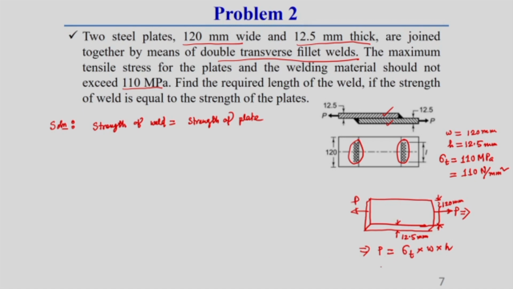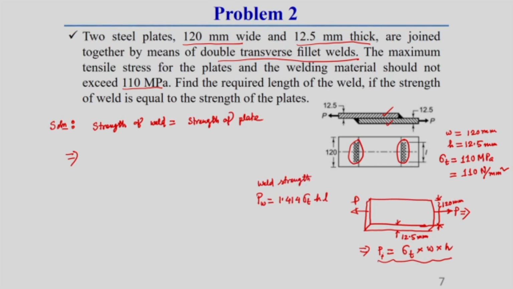I am representing this as the strength of plate, PP. The strength of weld, the strength of double transverse weld, will be PW, which we know as 1.414 sigma T into H into L. This is generally for plate strength, and this is for weld strength.